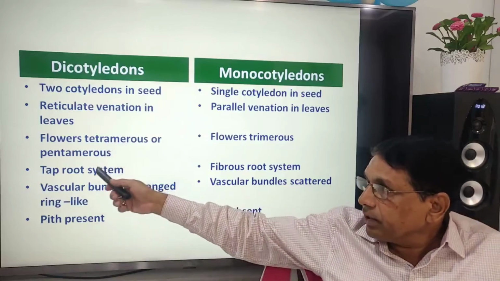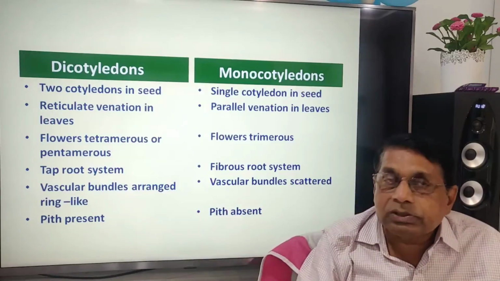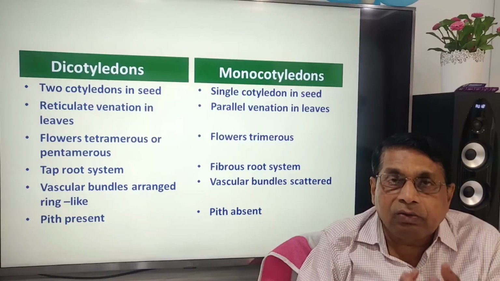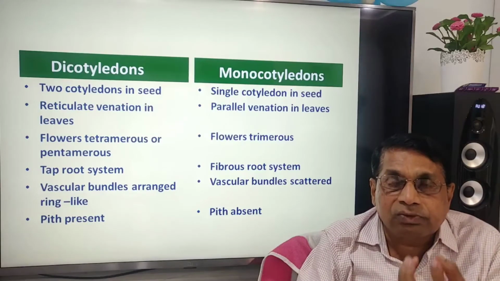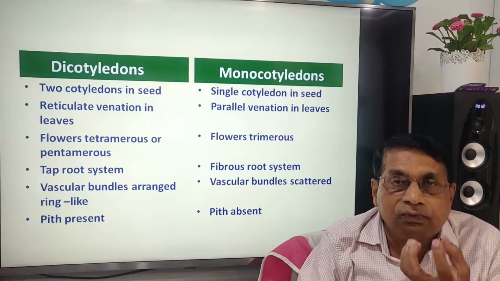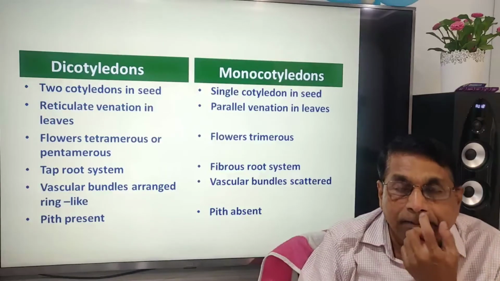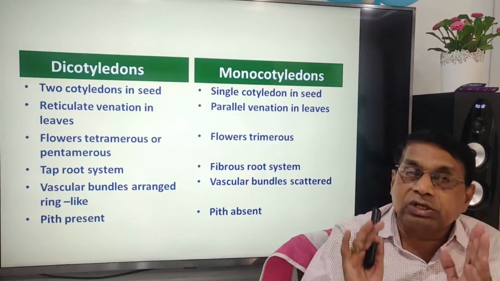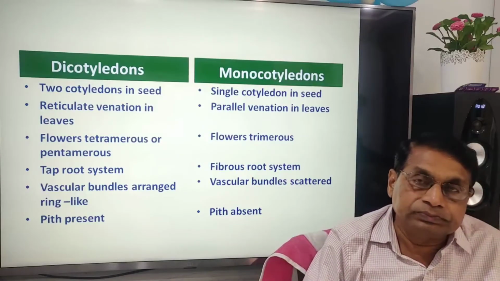Flowers are tetramerous or pentamerous, meaning 5 petals, 5 sepals, 5 or multiples of 5 stamens, 5 carpels, penta. If 4 each, tetra. But in monocots it is always trimerous, 3 each or multiples of 3.